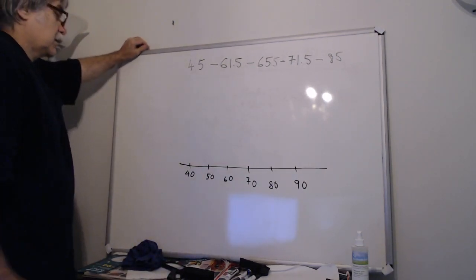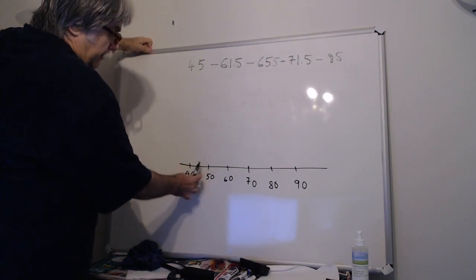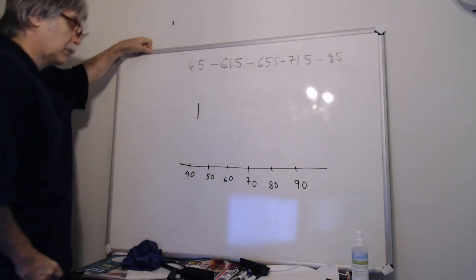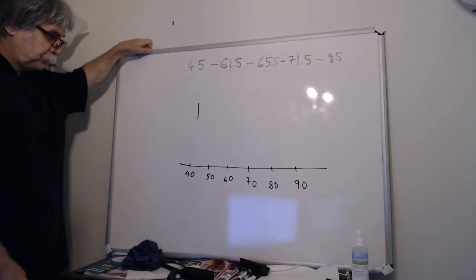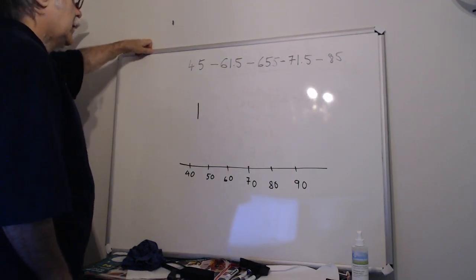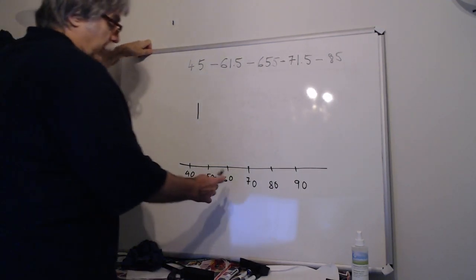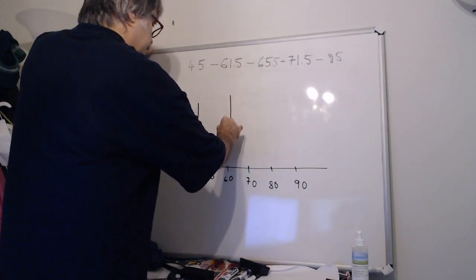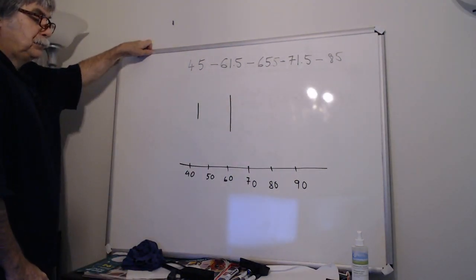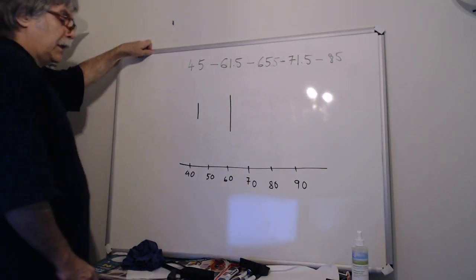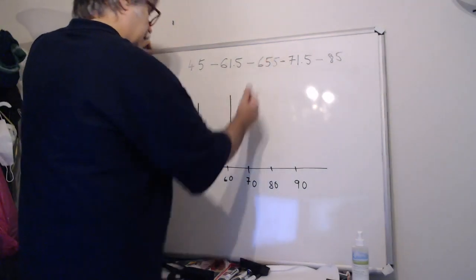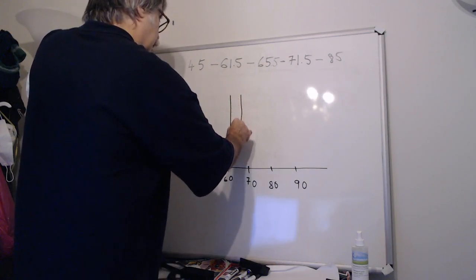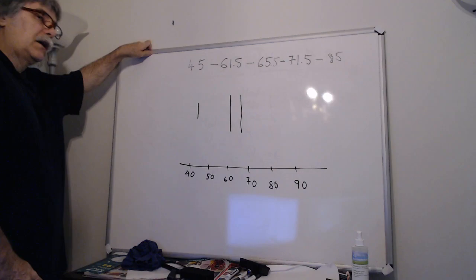So now, this is how the box plot is going to look. You have to find the 45, which is just in the middle here, and this is where what we call the tail of the box plot starts. Then you are going to find the 61.5, which will be approximately here. This is where the box will start. Then we have the median, which is 65.5, so it'll be like here. This is the median, which is a vertical line in the box.